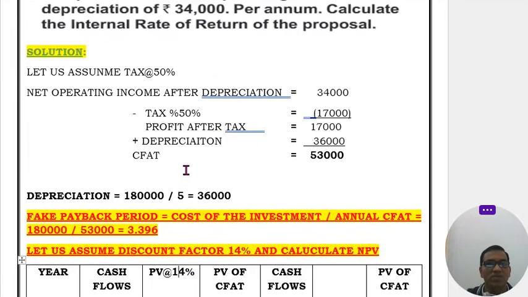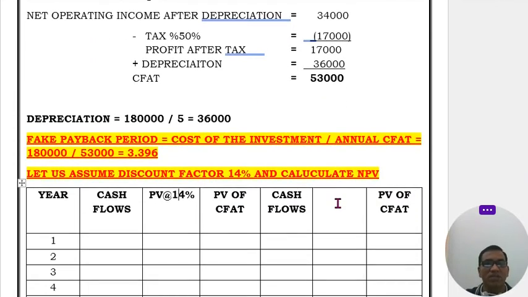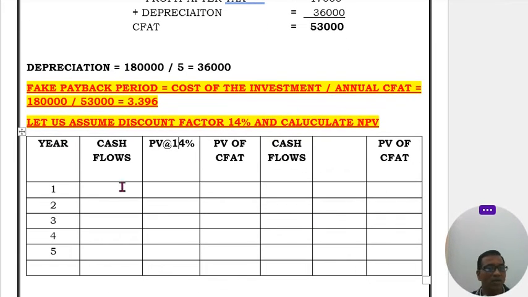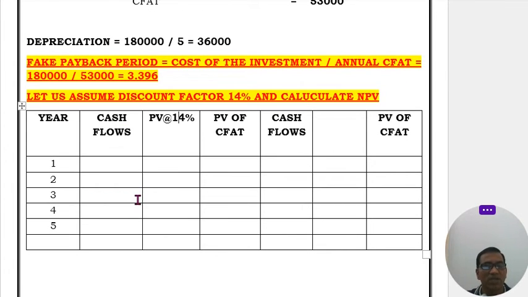What are the cash flows given here? The cash flow is the same every year, 53,000. When the cash flow is the same every year, actually there is no need to calculate all 5 times. You can take the direct value. But for easy understanding, I am calculating separately.